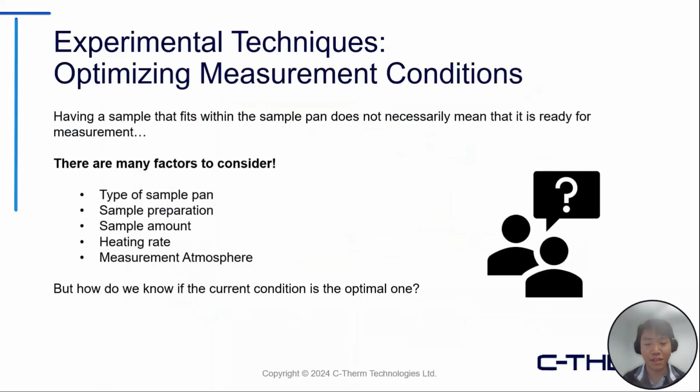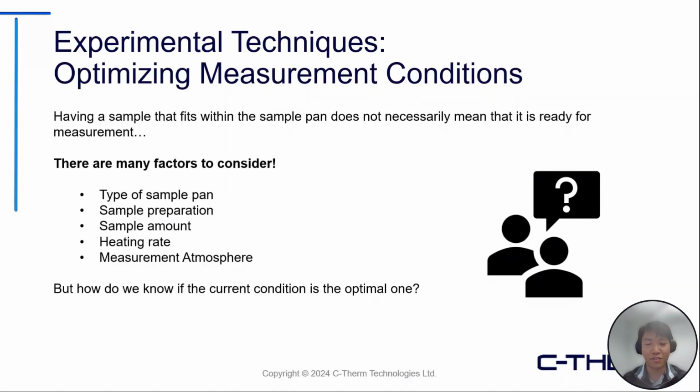So now that we've talked about how STA works and how to analyze the data, I'd like to talk about preparing the measurement, or the experimental techniques that go along with preparing an STA measurement. So you might think that having a sample which is small enough to fit in the sample pan is enough to run an STA measurement, but that might not give the most accurate results possible.